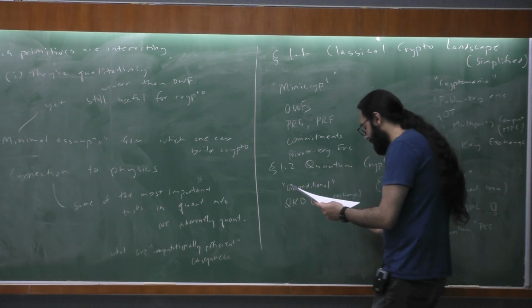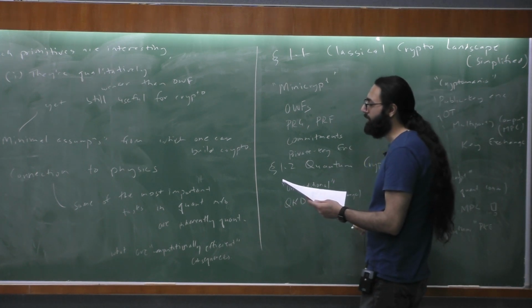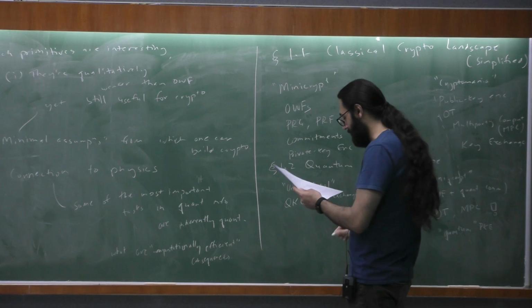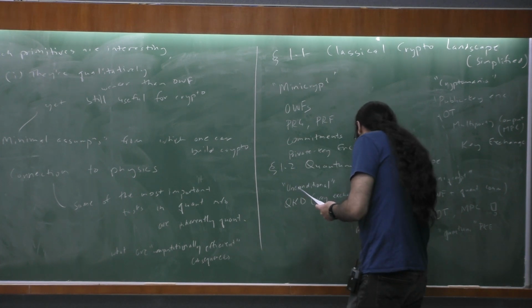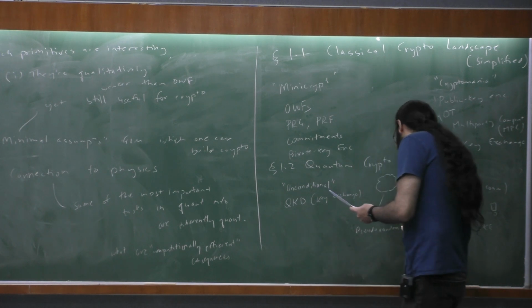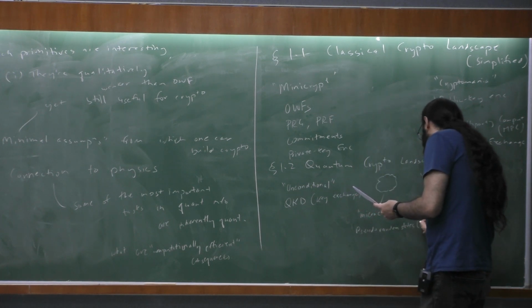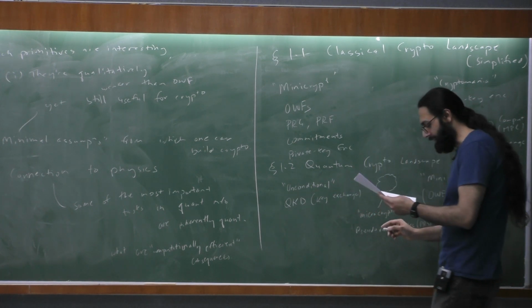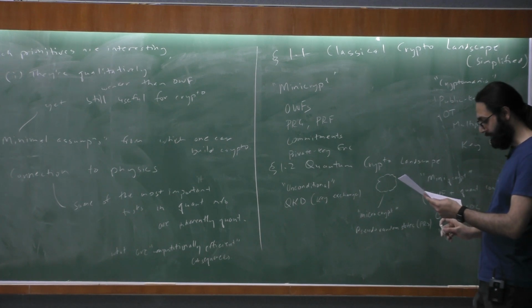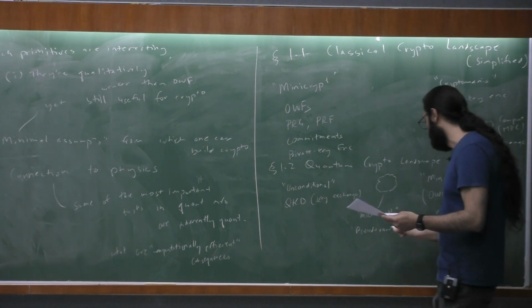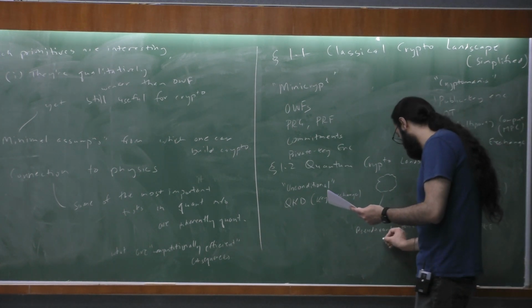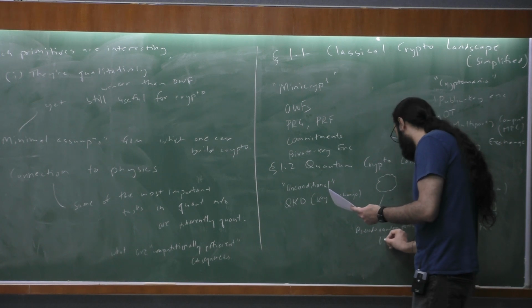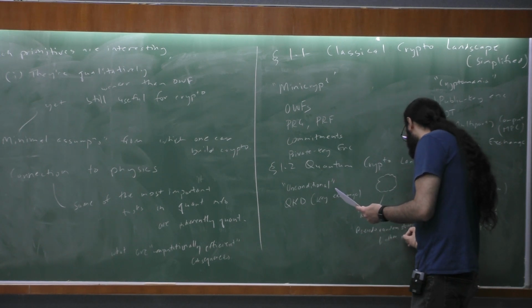Here some of the building blocks include pseudorandom states. There are lots of objects here that we'll probably not get into yet. There are also some things called EFI pairs and so on, and other inherently quantum primitives.